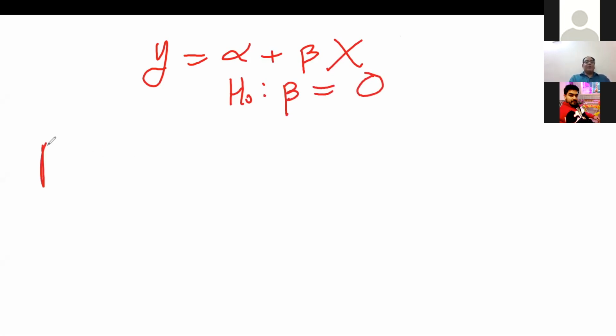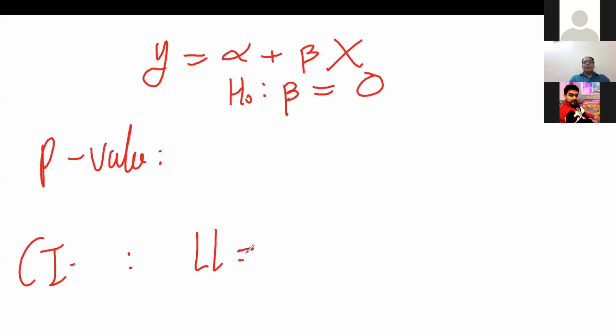First of all, I am showing you the confidence interval. The confidence interval says that the lower limit is equal to 0.4, upper limit is equal to 0.7. So now tell me the conclusion. Null hypothesis accepted or rejected? Okay, now use your knowledge and tell, can I reject the hypothesis or accept the hypothesis?